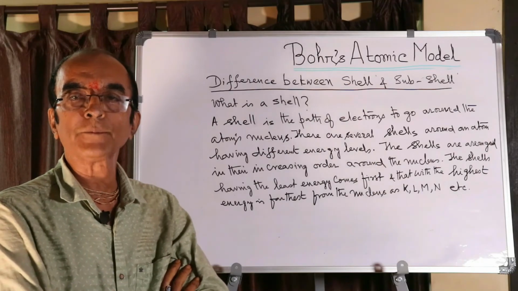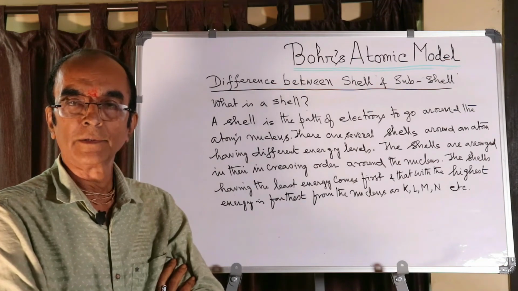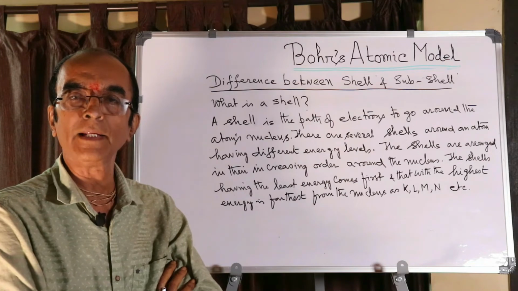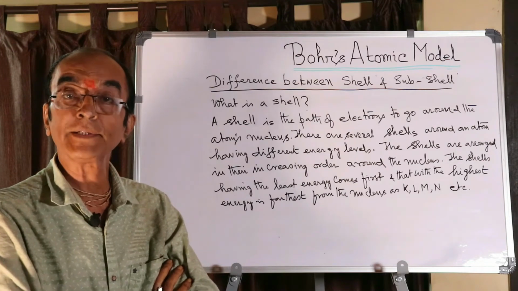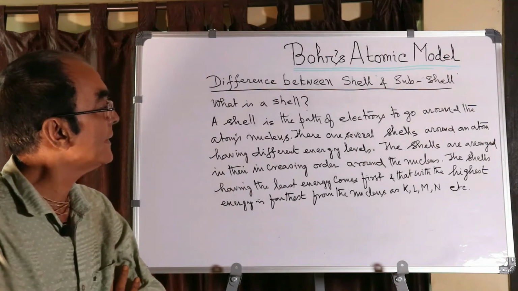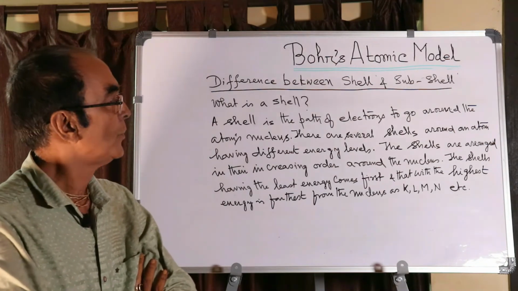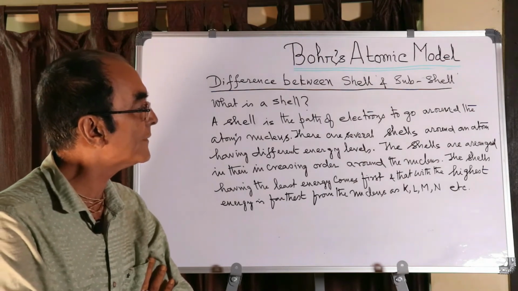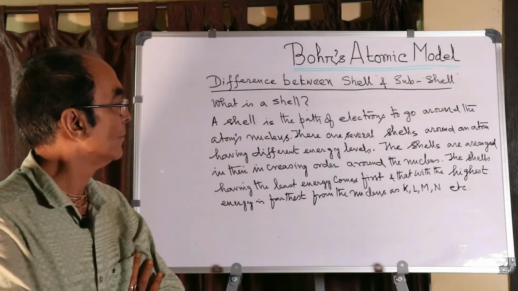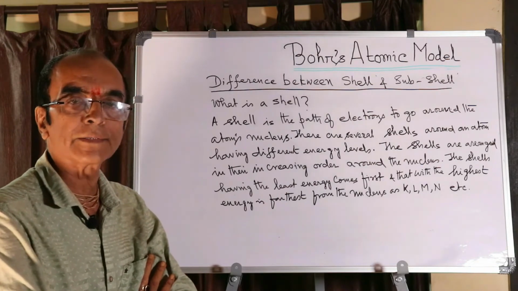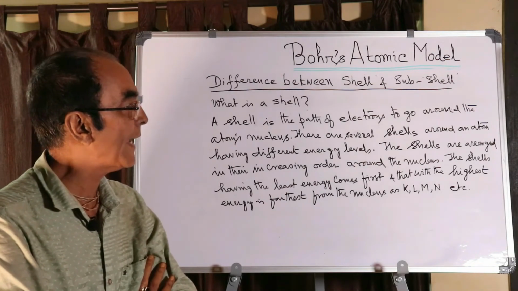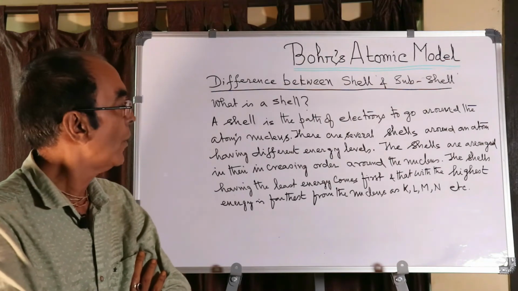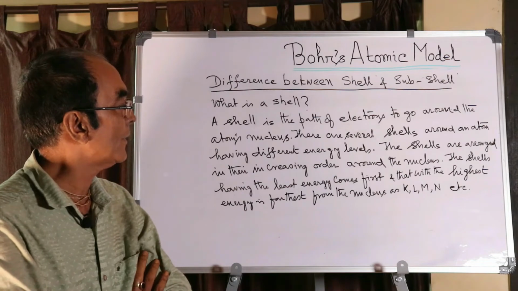In connection with Bohr's atomic model, now I would discuss the difference between shell and subshell. What is a shell? A shell is the path of an electron going around the atom's nucleus. There are several shells around an atom having different energy levels. The shells are arranged in increasing order around the nucleus.